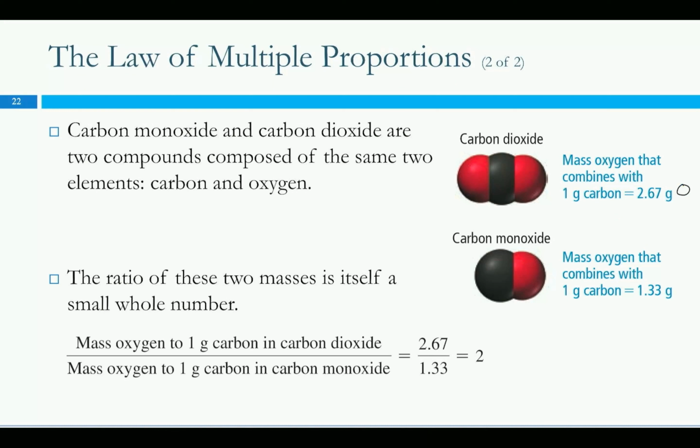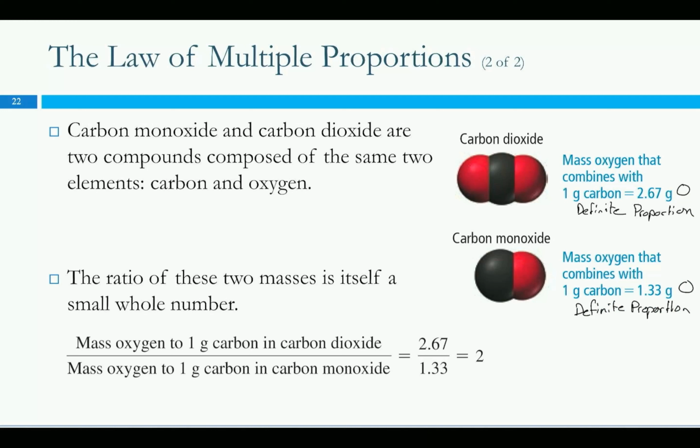And we compare that to the definite proportion. So let me write this. This is the definite proportion. We're comparing it to the definite proportion. Again, that's for 1.33 grams of oxygen.